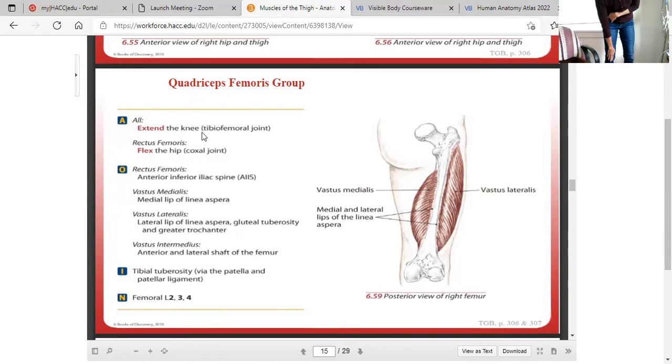So because it goes straight down this way, if it contracts, it's going to pull towards the AIIS, thereby flexing the hip. In this position, again, remember, everything is an extension. So if I flex my knee, so the knee is flexed now, and then extend my knee, I'm engaging quadriceps. I'll flex my knee, extend my knee, all my quadriceps engage.